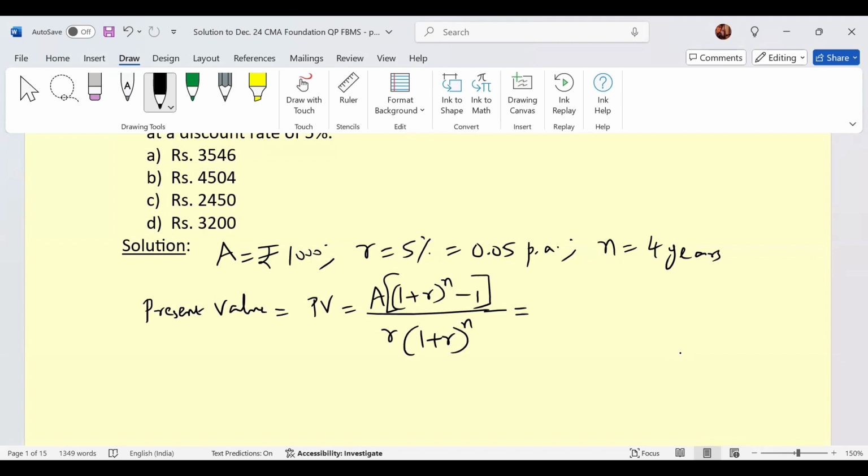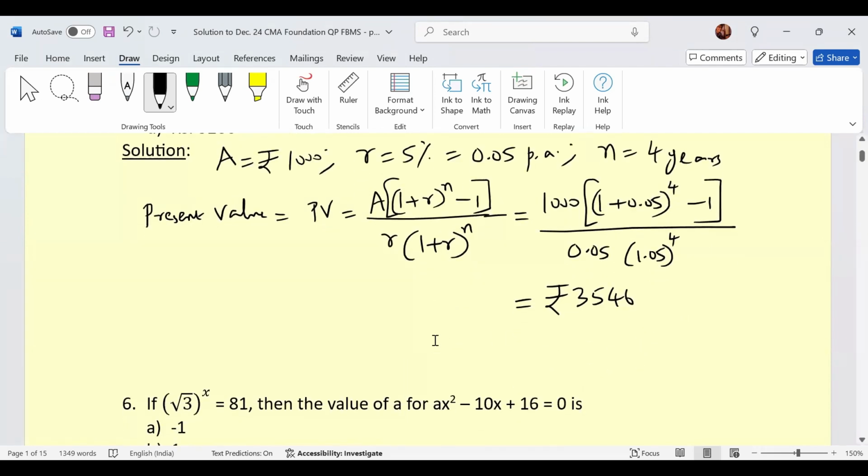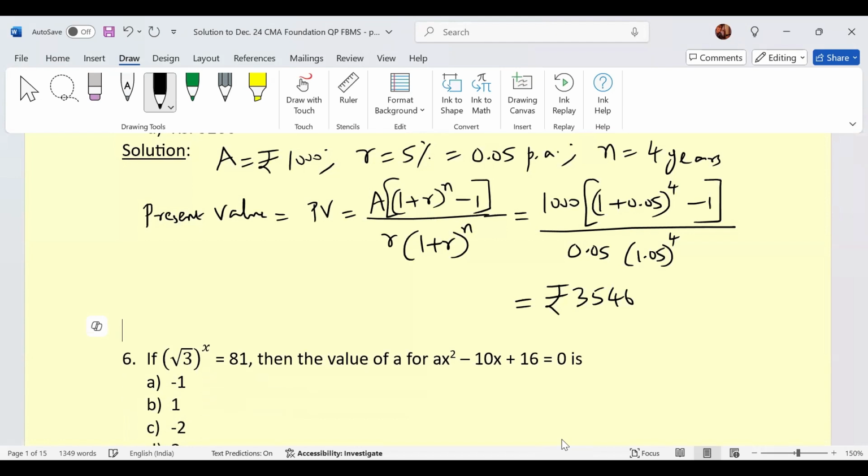Substituting the values, we have 1000 times (1 plus 0.05 to the power of 4 minus 1) divided by, again R, which is 0.05, into 1 plus R to the power of n, which is 1.05 to the power of 4. If we calculate this, we will get the result as rupees 3546. That will be the solution. Let us move on to the next question.